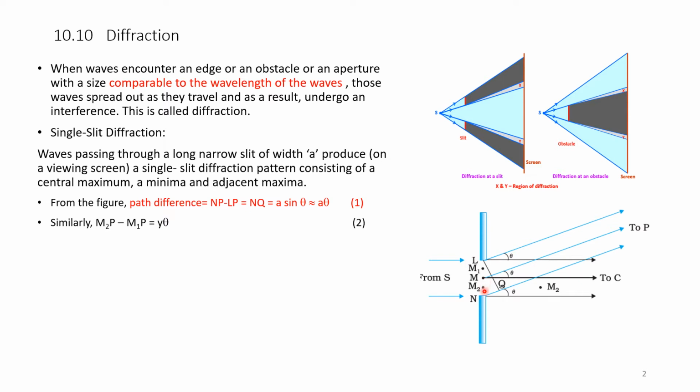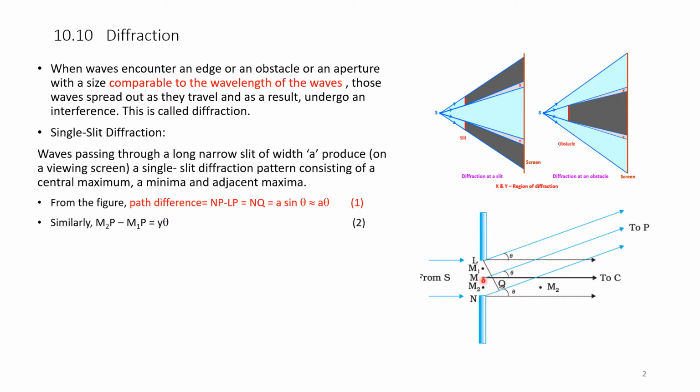Consider the ray at the uppermost point emanating at an angle theta from the edge L, and the ray from N is also inclined at theta and directed towards P. Because of the opening of the slit, there is a delay for the ray from N. NQ is the path difference.